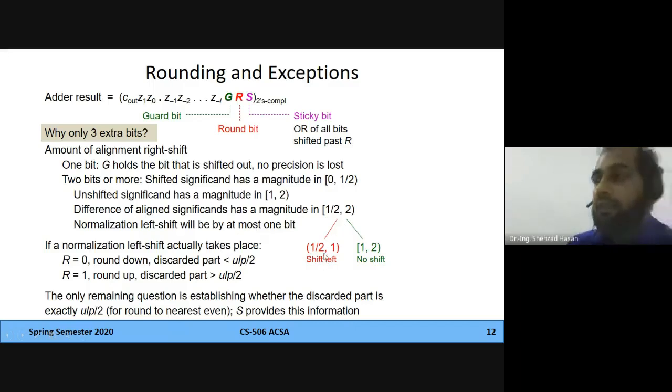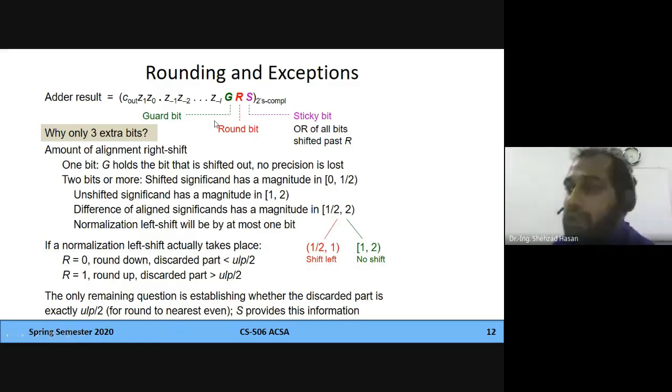In that case, you just have to make a single normalization shift to bring it into the range of 1 to 2, and for that the guard bit becomes part of your answer. These two bits are then going to determine the range that your number lies in, so that you have to add a 1 or add a 0 to make the final answer. So this is how the precision is handled.